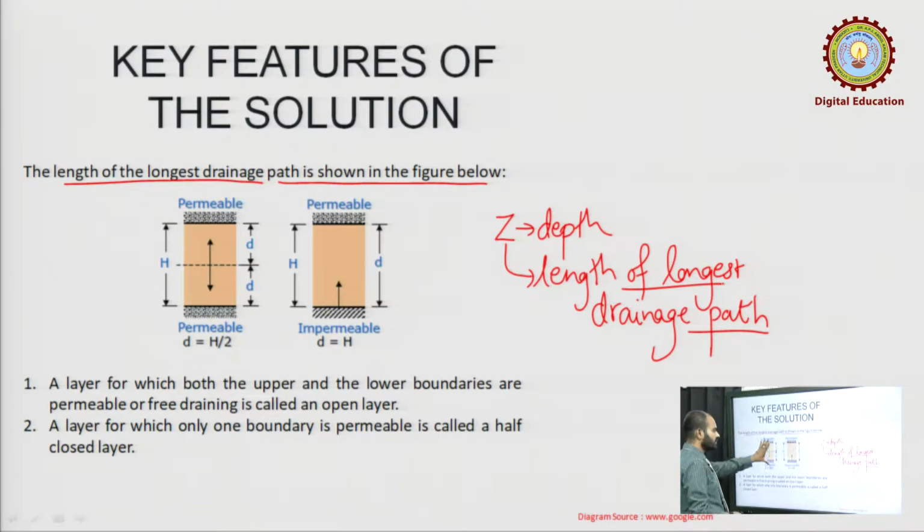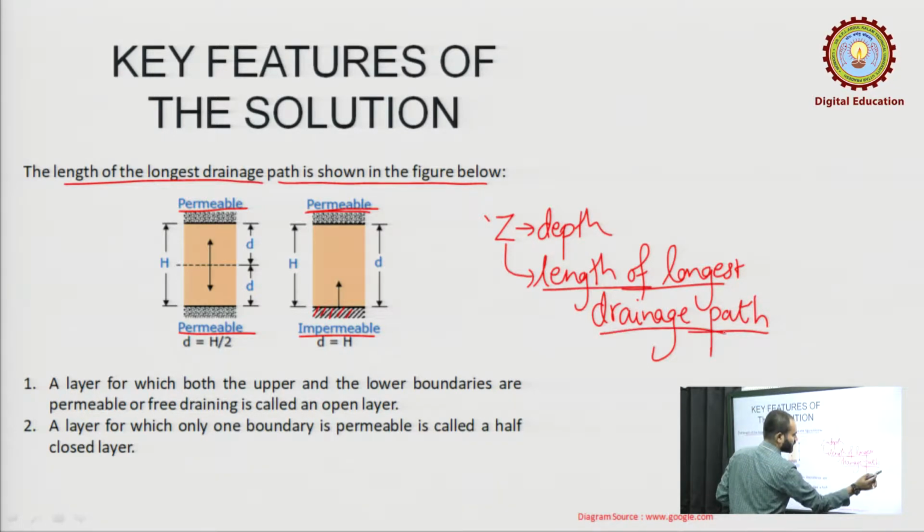Now, in this case we have two cases here. One has an impermeable membrane here and is only permeable in the upper part, and in the second both are permeable. So, what will be the value of this Z? Z is called the length of the longest drainage path.